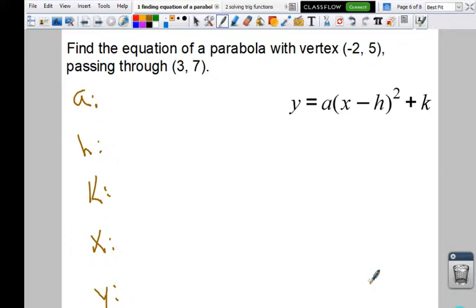Start by figuring out what's H, what's K, and then figuring out what's the X and Y you're going to use. Is it a decimal? Maybe.